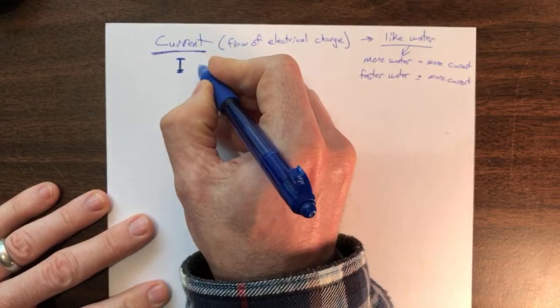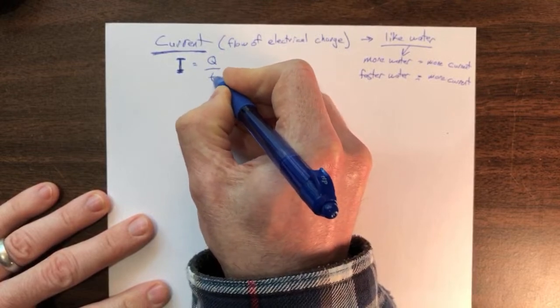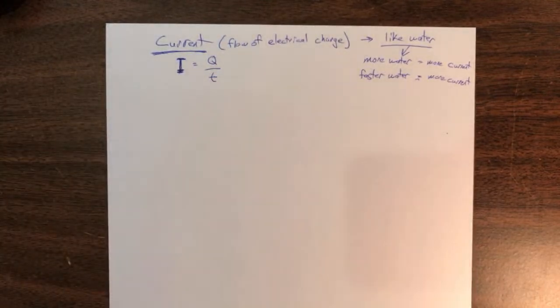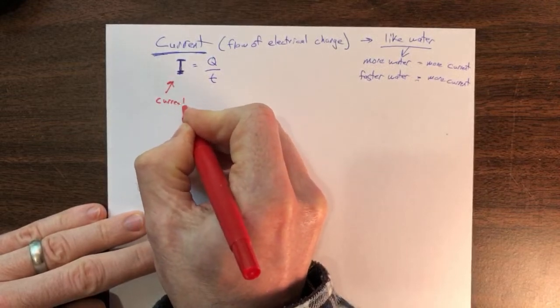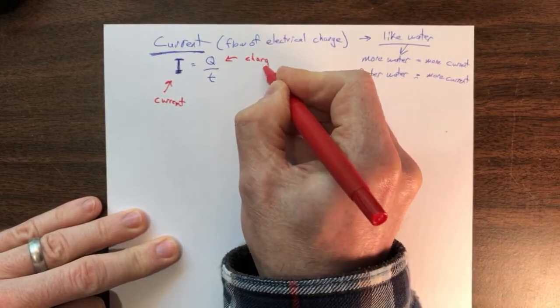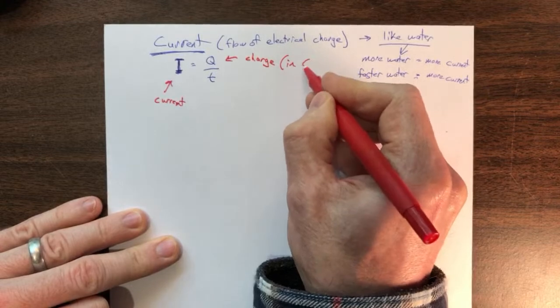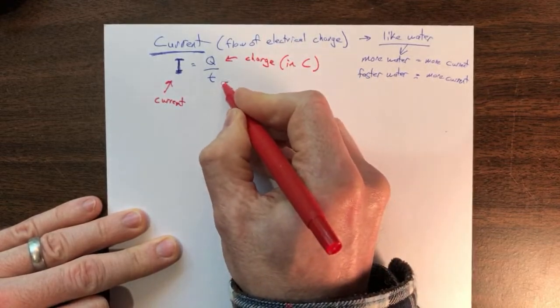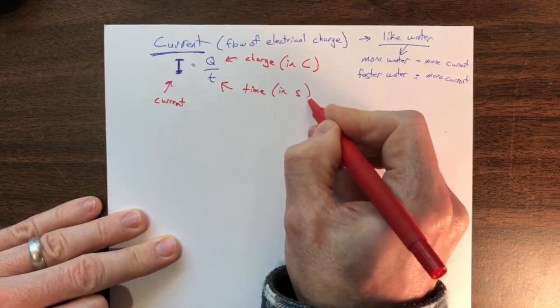All right, so I is going to equal Q over T, and we already know these two variables. I is going to be current. Q is charge, the electrical charge in coulombs, and T is going to be time, typically in seconds.